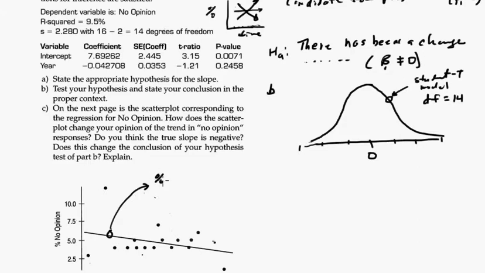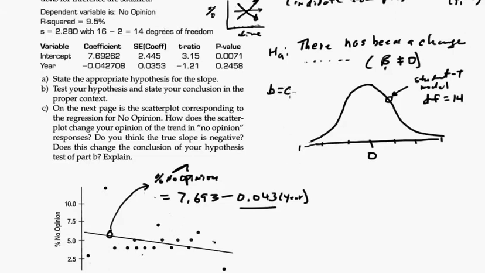Percent no opinion, with a hat on it, is equal to 7.693 minus 0.043 times year. So this is our model, so we can predict.